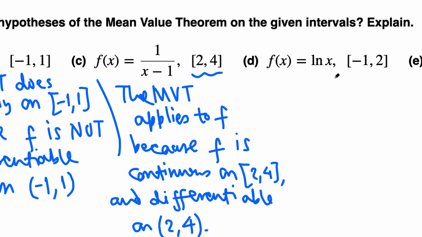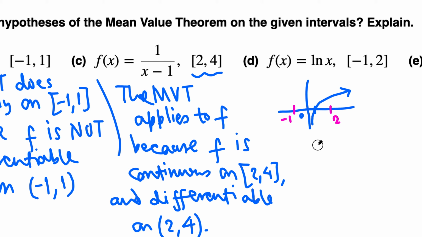So we got the natural log of x. By the way, if you want to graph the natural log of x, something like this, it's undefined at 0. Oh, we are looking at [−1, 2]. The natural log of x has a vertical asymptote at x = 0.